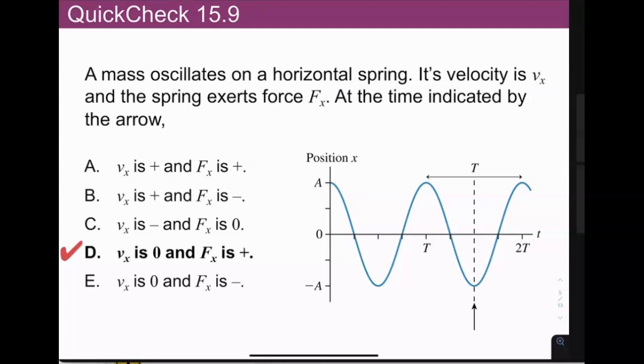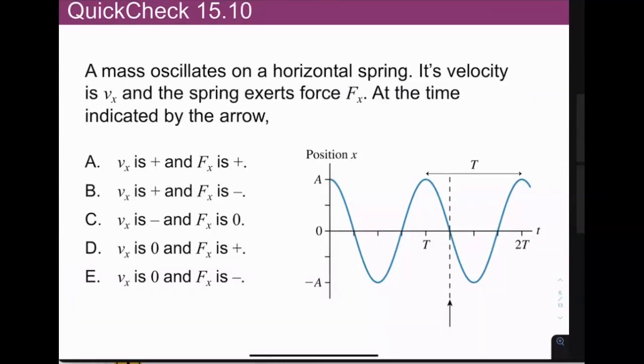So the velocity is 0. And F sub x must be positive because the position is negative, and therefore the acceleration must be positive, and F sub x is equal to m times a sub x. So that's why it is positive.